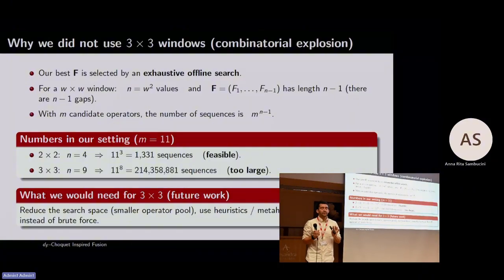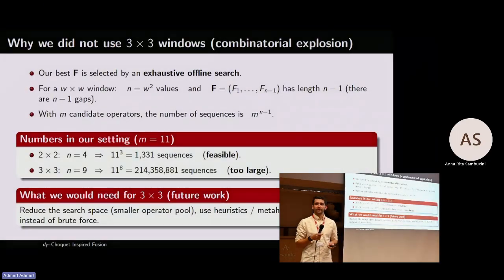So we prefer to do an exhaustive search, see the performance of each combination, and after that decide which is the best one. But as you said, it's true that with a larger window, we need to do some other algorithm or heuristic to search for the best combination.